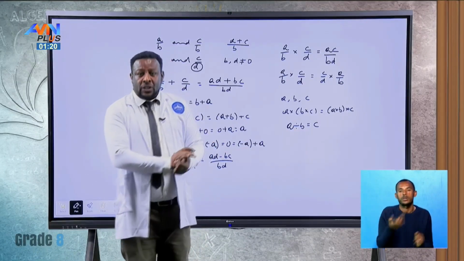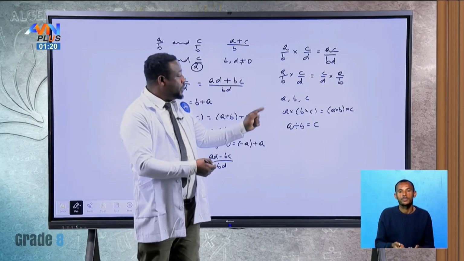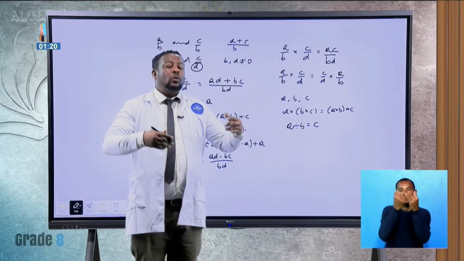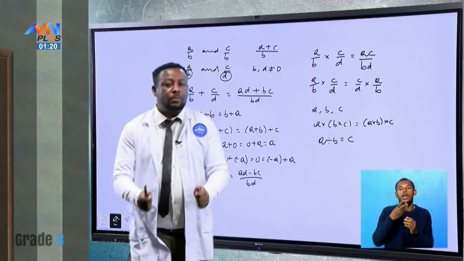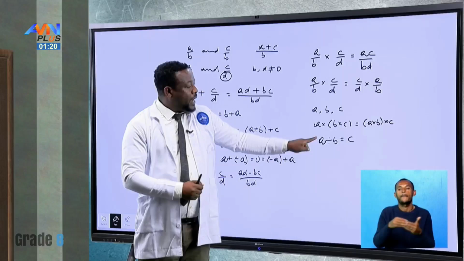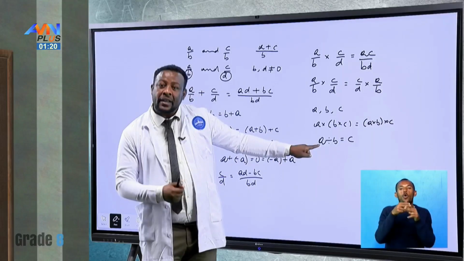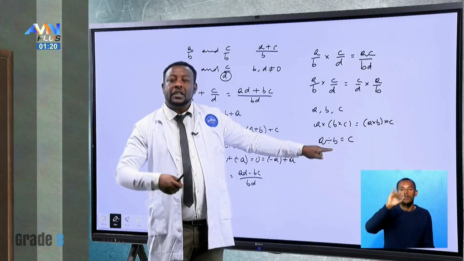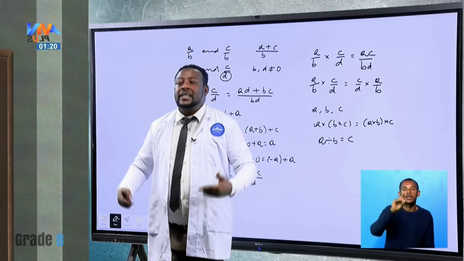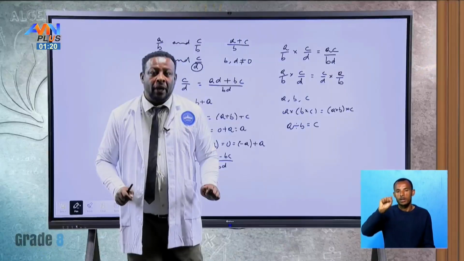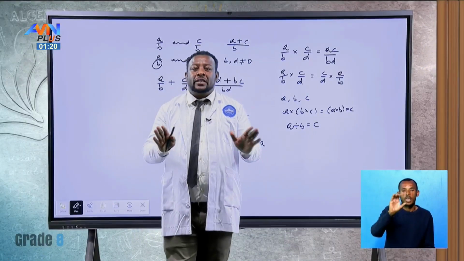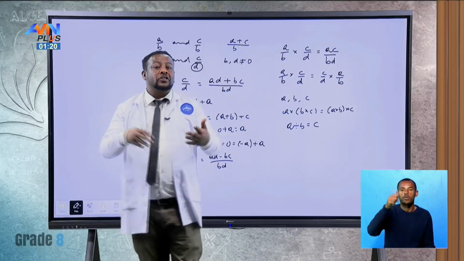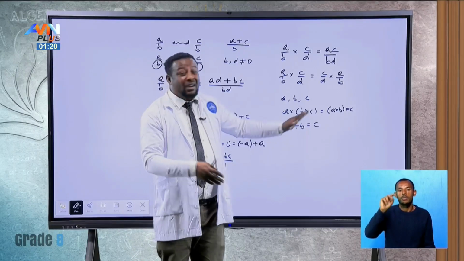Good. So in calculating divisions of rational numbers, we need to apply some principles. Look, A is called the dividend, B is called the divisor, and C is called the quotient, okay? You need to be familiar with the terminologies in division of rational numbers.